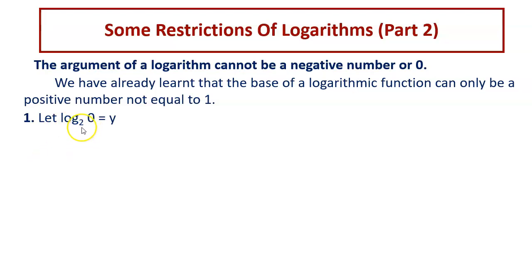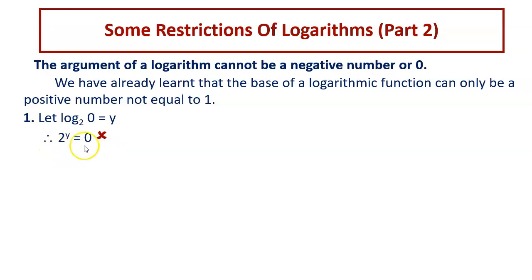The base is 2, 0 is the argument and y is the result. It is of the form b to the a equals p, and to convert it to the exponential form we have b to the p equals a. The base remains the base, the result becomes the power and the argument becomes the answer. So it is 2 raised to the power of y is equal to 0.